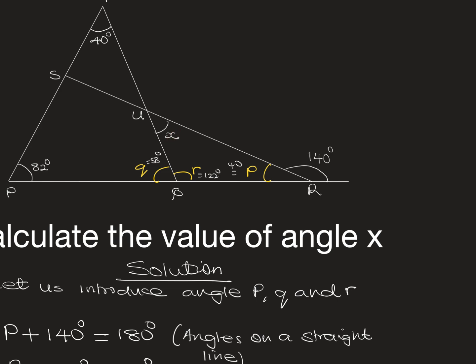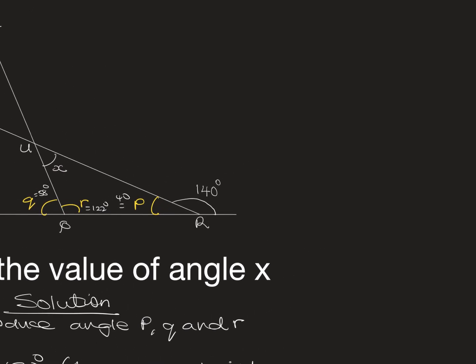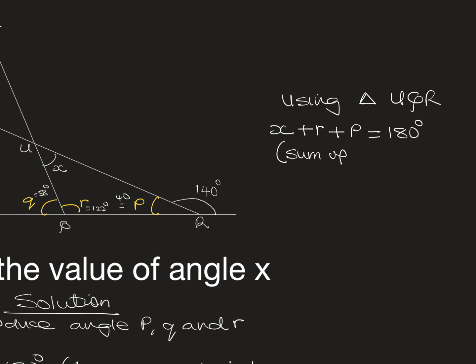We can find X using triangle UQR, that is X plus R plus P is equal to 180 degrees because of the sum of angles in a triangle.